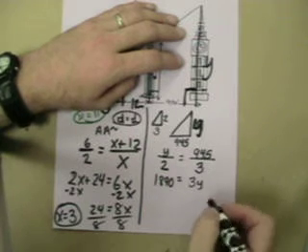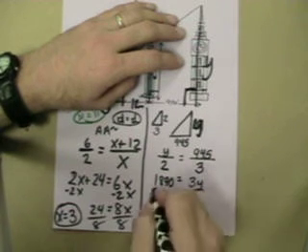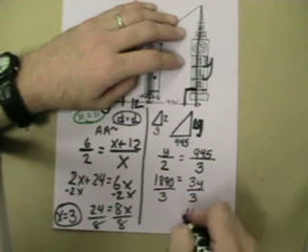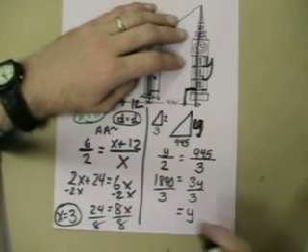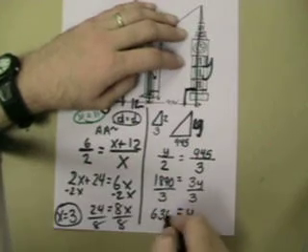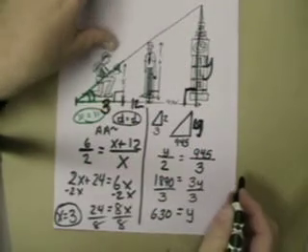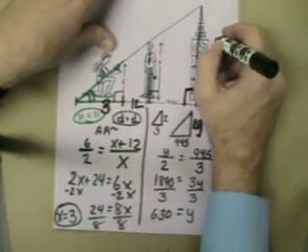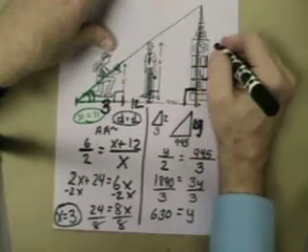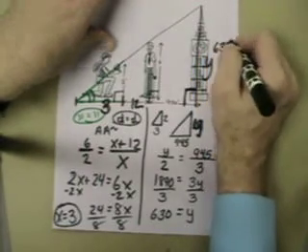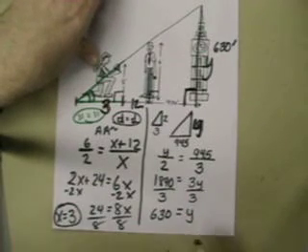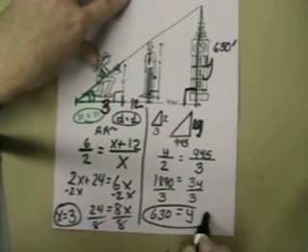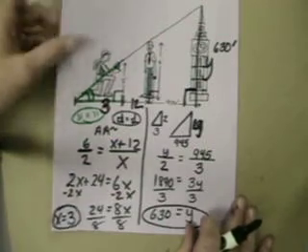Divide both sides by 3, and I'll get y equals 630. So how tall is Big Ben? It is 630. And that is this problem.